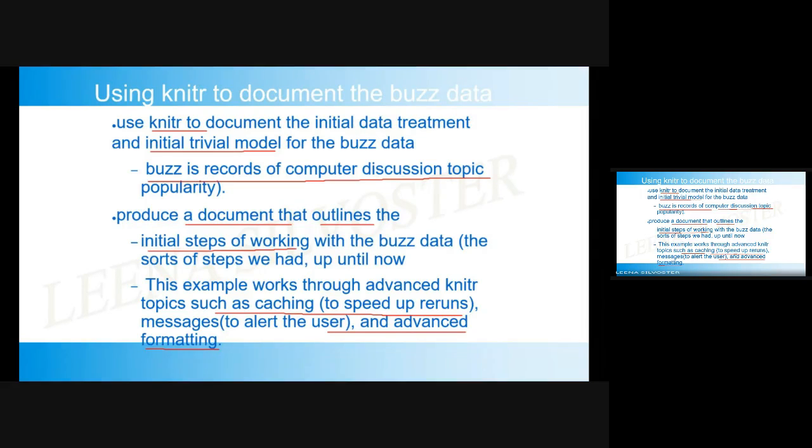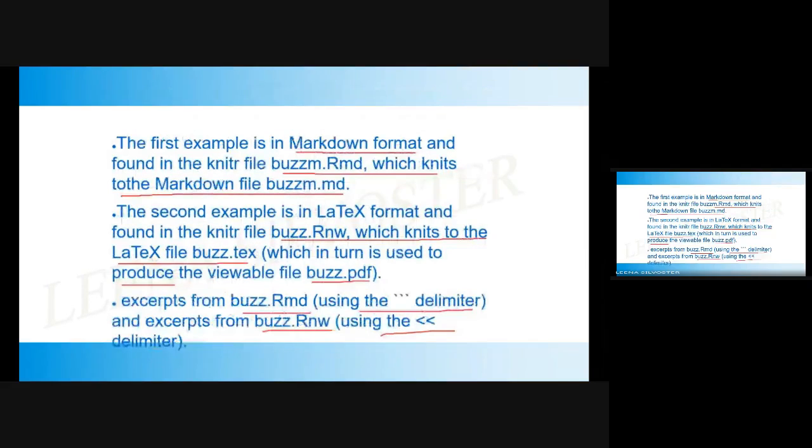First example is in Markdown format, and its file name is bus.m.rmd. It knits to the Markdown file bus.m.md. Second example is in LaTeX format, bus.rnw.